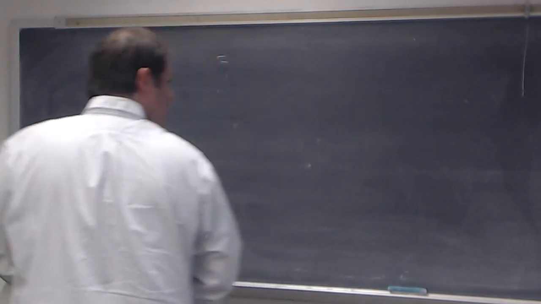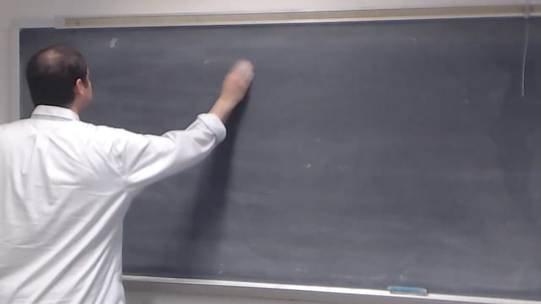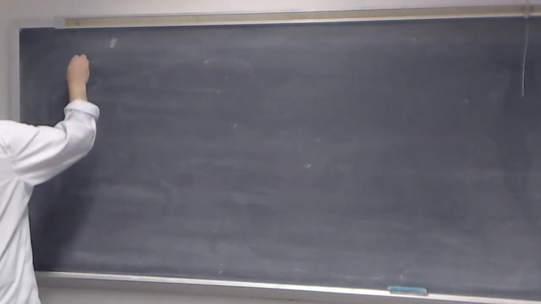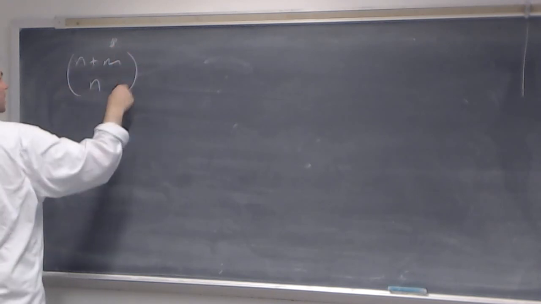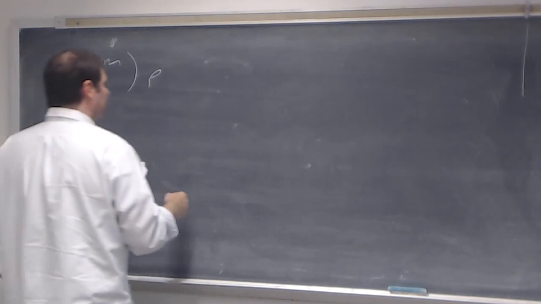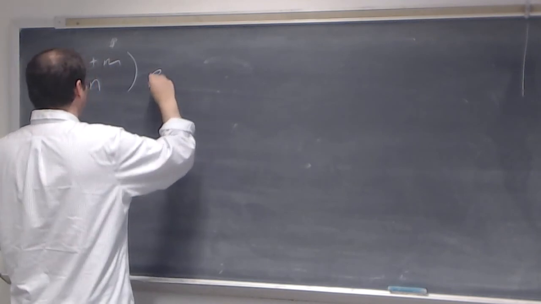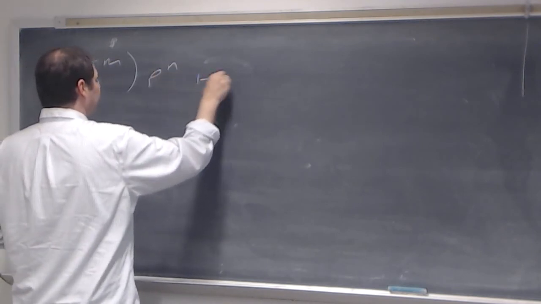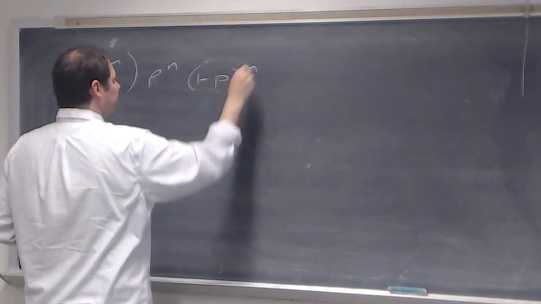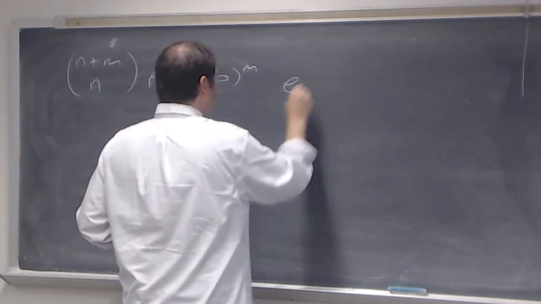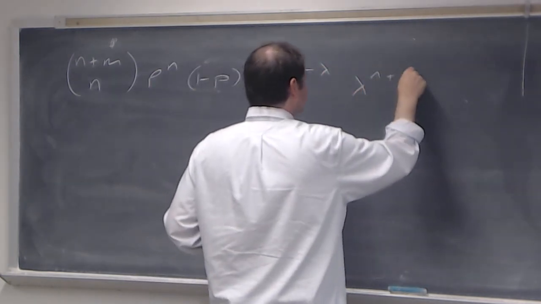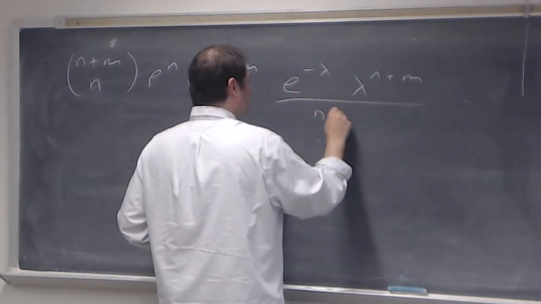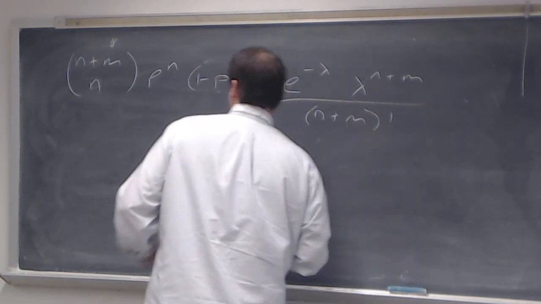That's going to be equal to n plus m choose n, times the probability of a woman raised to n, times 1 minus the probability raised to m, and then times e to the minus lambda, lambda to the n plus m, all over n plus m factorial.